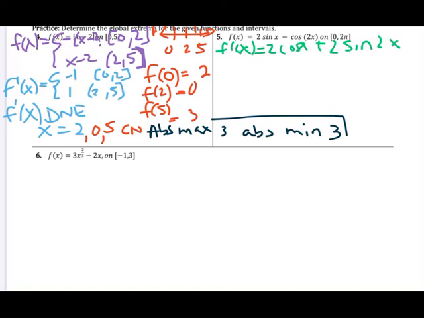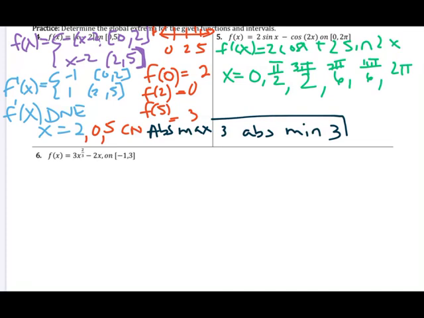I'm just going to tell you, you can use trig identities to simplify this, but honestly, to save us time, I'm just going to tell you all of the x values where this is true. You could also use a graphing calculator and check, but there are a lot of critical values here. 0, because it's an endpoint of the interval, pi over 2, 3 pi over 2, 7 pi over 6, 11 pi over 6, and 2 pi.